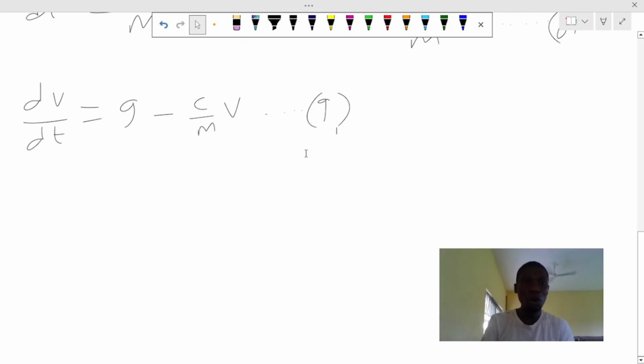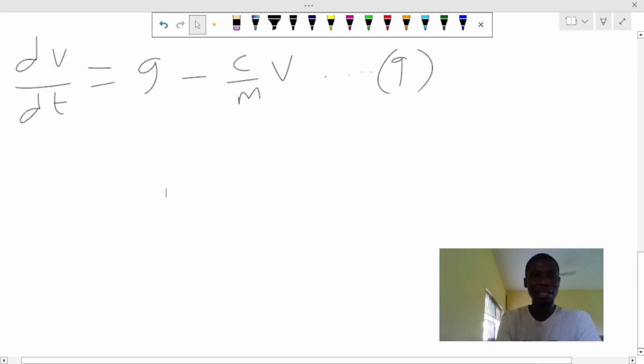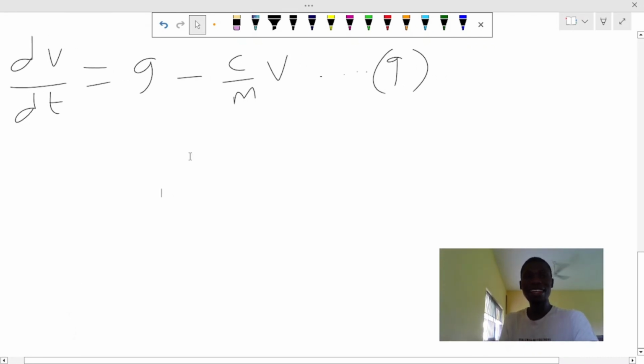This is already a differential equation of order 1, because the highest power we have here is 1, an invisible 1.